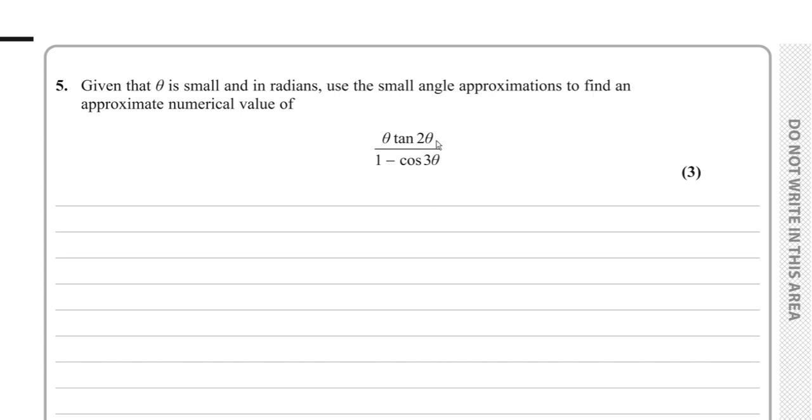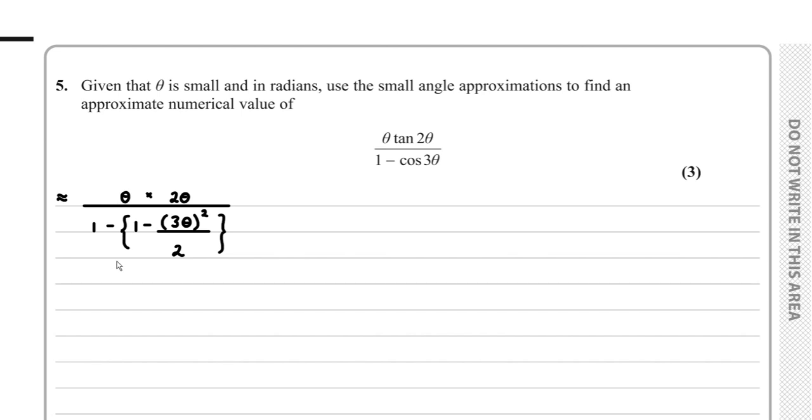And so the approximate value of theta tan 2 theta over 1 subtract cos 3 theta, well, we have theta multiplied by, now tan 2 theta is approximately 2 theta. And then we divide this by 1 subtract cos 3 theta, well, cos 3 theta is approximately 1 subtract 3 theta squared over 2.